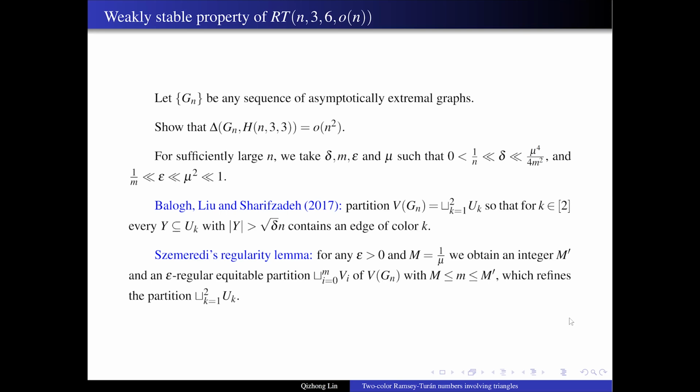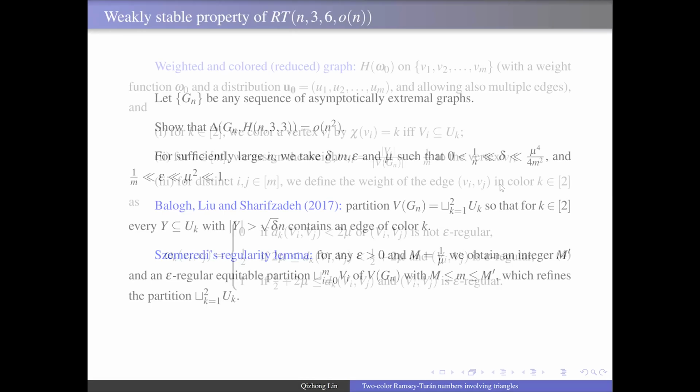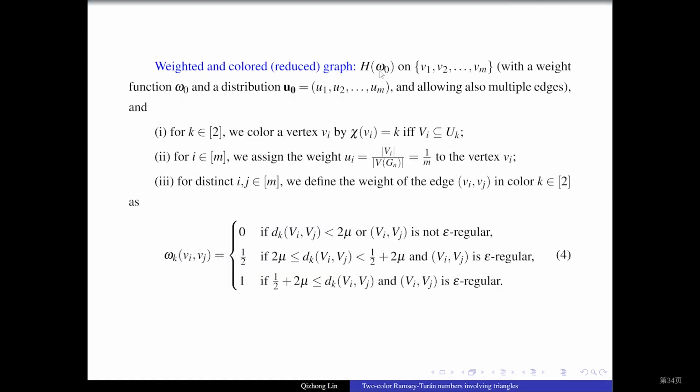Consequently, we have a weighted and colored reduced graph H with weight ω. In particular, we color a vertex V_i by color k if and only if the class V_i is contained in U_k. That is to say, the vertex V_i is marked with color k.